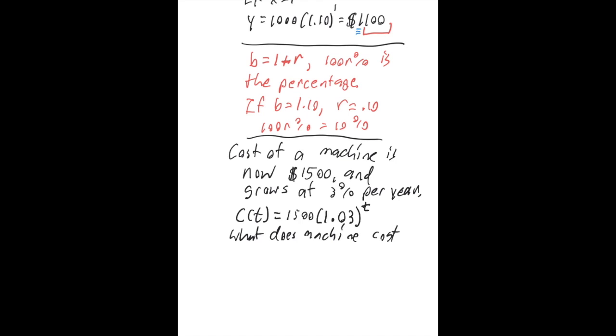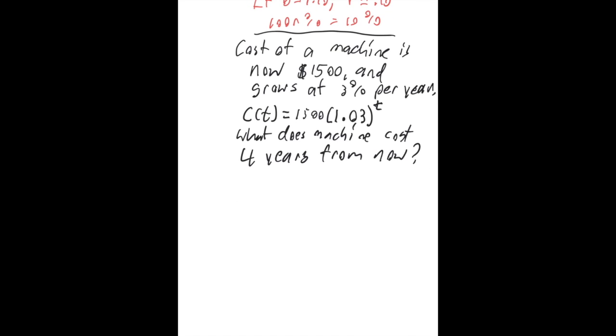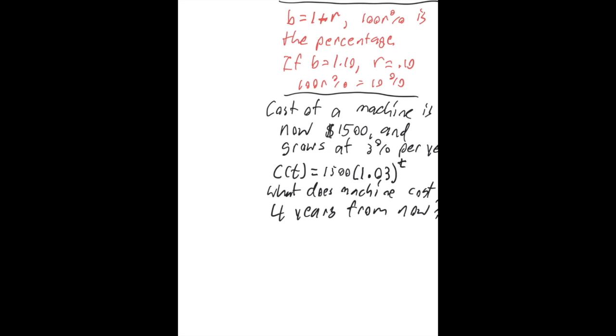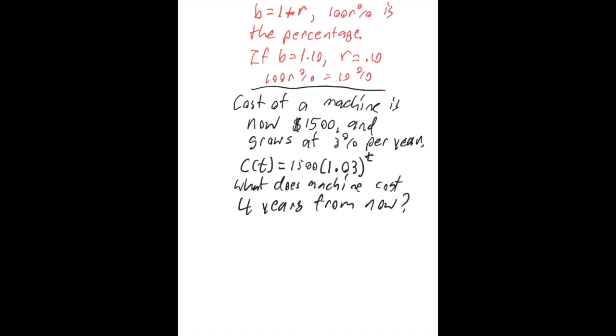So we could ask, what does the machine cost, say, 4 years from now? That would be C of 4. We're looking at time 4. We'll have the 1500 there. We'll have the 1.03. We're letting the time be 4. So you could do this on your calculator if you wanted to.